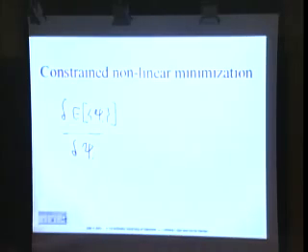And at the end, this is nothing else than calculating the derivative of the energy with respect to all the coefficients, say for i that goes from 1 up to the cutoff, all the coefficients of all the occupied orbitals.